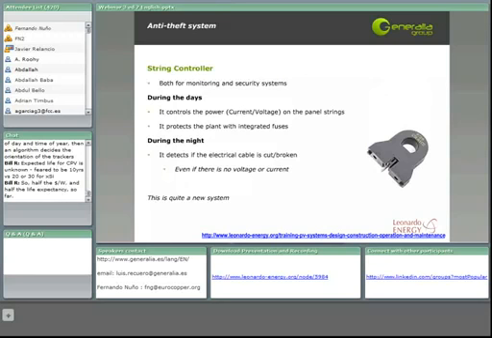Here in this slide we can find a picture of a string controller. With this type of device, we can control during the day the power that is being produced in the panels, so we can also use it for the monitoring system, and it has an added value protecting the plant with integrated fuses.